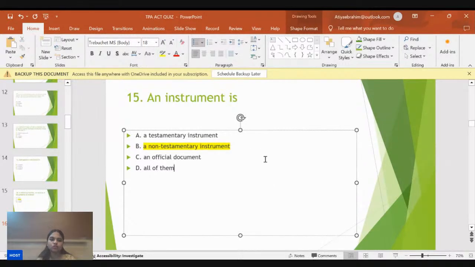So the correct answer to question 15 is non-testamentary instrument. Is it clear to everyone? For question number 15, non-testamentary instrument. Okay. Now we will move on to 16th question.